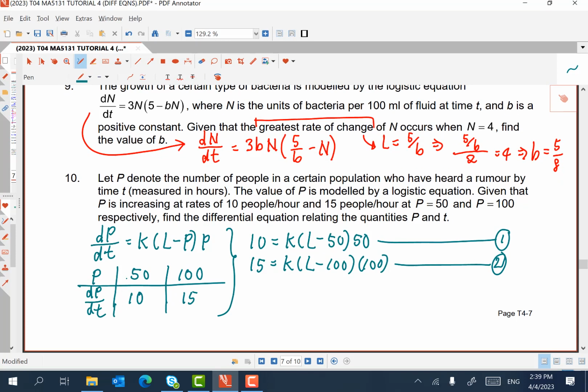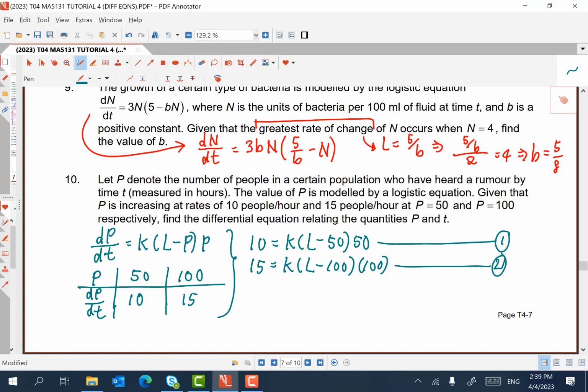So you want to solve for k and L. One way to go about it is to take equation 2 divided by equation 1. So you get 3 over 2 is equal to 2 times (L minus 100) over (L minus 50). From which we can find the value of L.